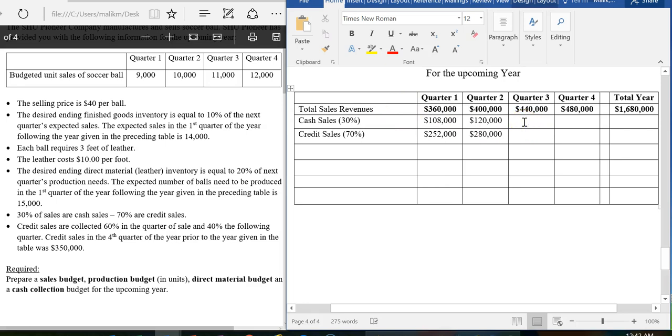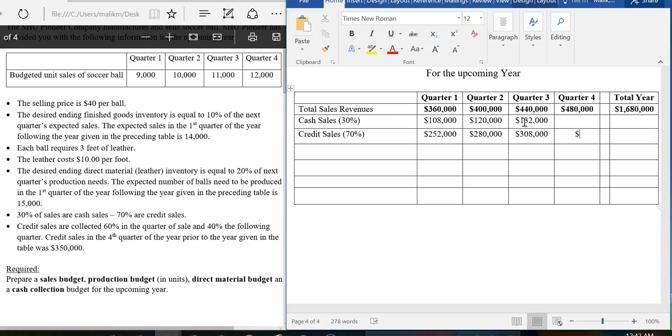Take 30% of it, which will be your cash sales, and I found $132,000. And your credit sales will be the rest of the 70%, which is $308,000.